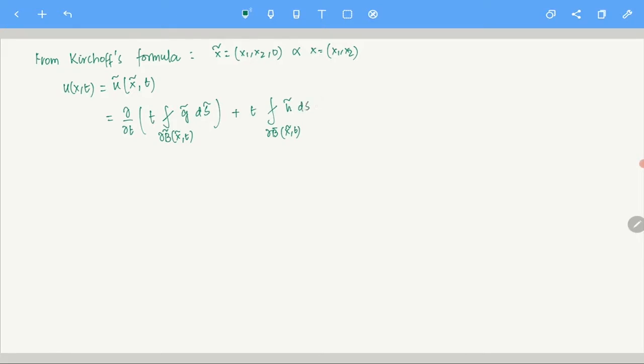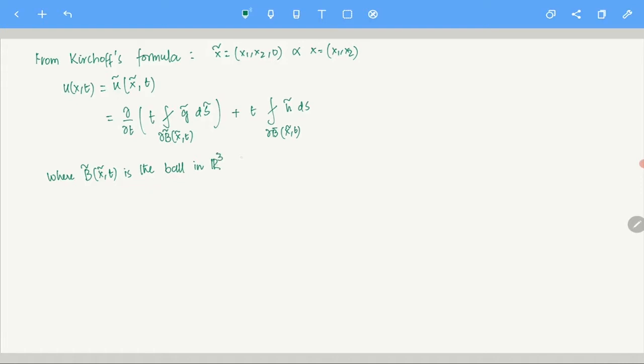Okay, so here see what is B tilde here. B tilde of x tilde, t is the ball in R3, because we are doing it in 3 dimensions, right?